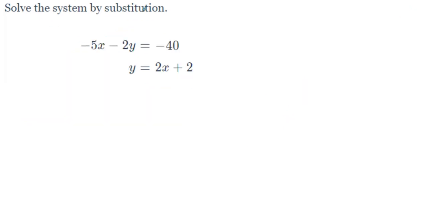All right, one more quick example. So in the first example, we had x isolated. In the second example, we actually have a y isolated. So right here, since y is equal to 2x plus 2, I'm going to come up here, and in for this y, I will substitute this 2x plus 2.